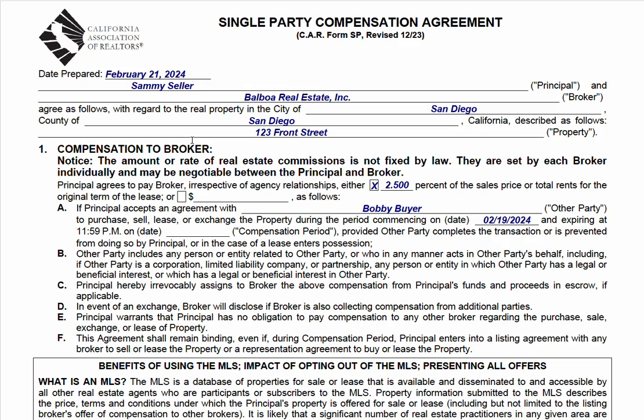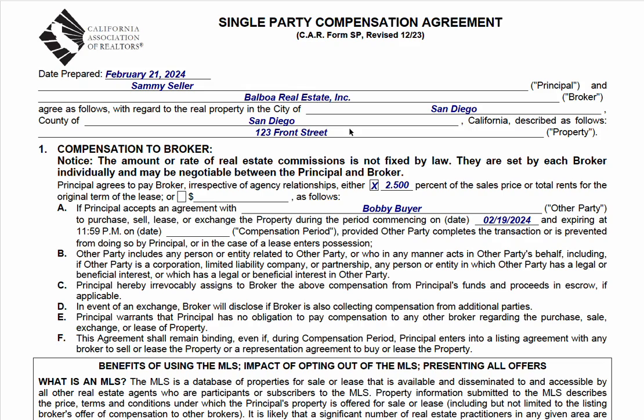Now I will say that these are used in an instance where you haven't already billed your client with another document. Now, the listing agreement invoices your client, your seller, when you're the listing agent. This form, and we'll start with the single party compensation agreement, can be used if you want to invoice a seller that you don't have a listing agreement with.